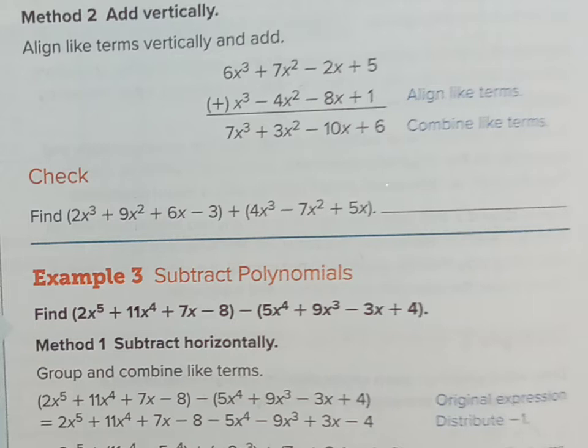Right, you should be getting 6x cubed. Again, if you want to rearrange these, super awesome. Right, that's a positive 2x squared.